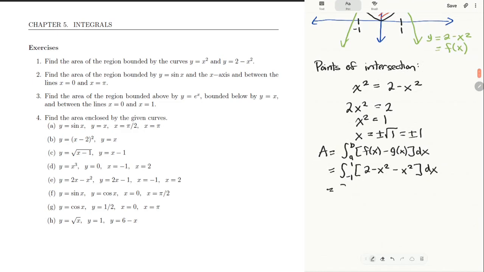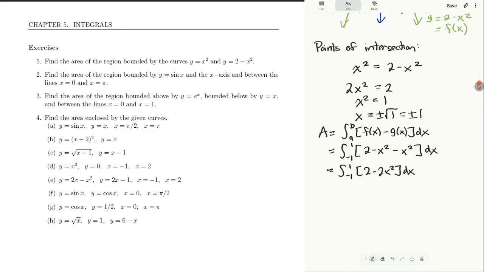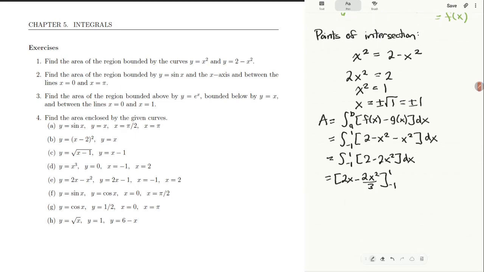And simplifying, we get the integral from -1 to 1 of 2 minus 2x squared dx. So now we can use the fundamental theorem to evaluate the integral. So the antiderivative of 2 is 2x, and the antiderivative of 2x squared is 2x cubed over 3. And we evaluate at 1 and -1.